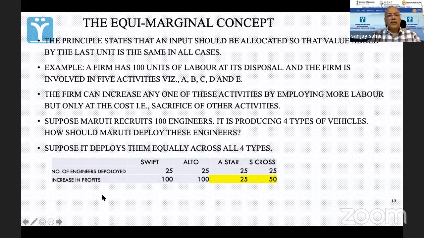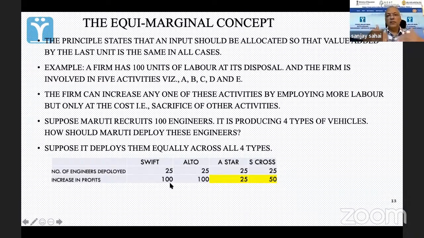They deploy 25 engineers for the production of Swift, 25 for Alto, 25 for A-Star, and 25 for S-Cross. As a result of this, their profits increase by 100 in the case of Swift.